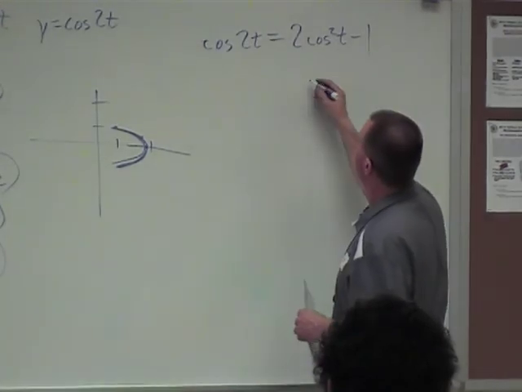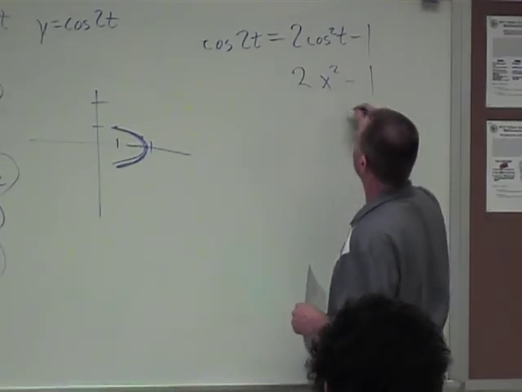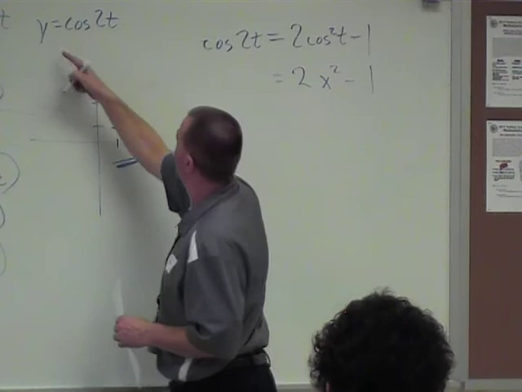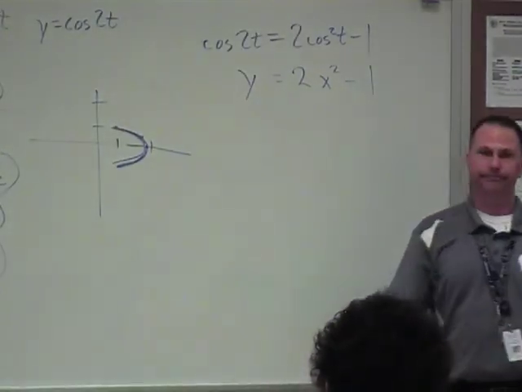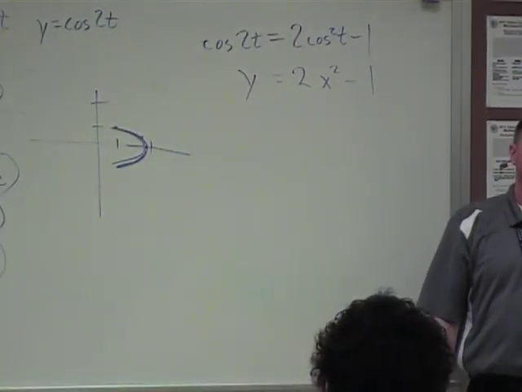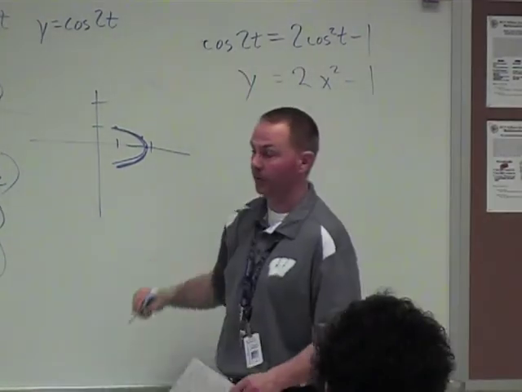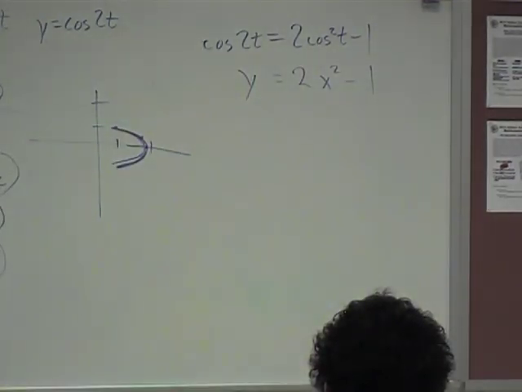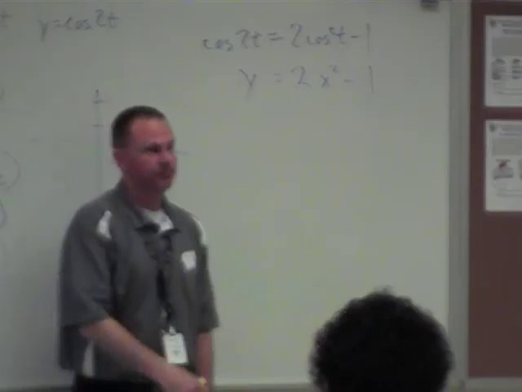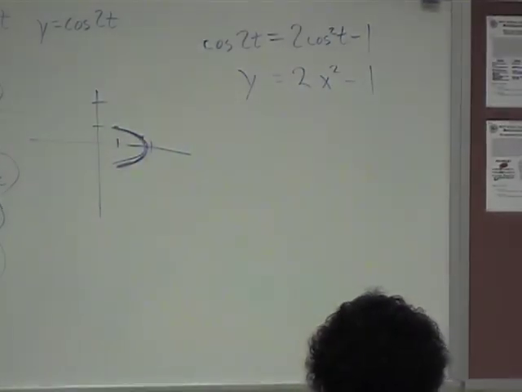X is the cosine of t. Cosine of 2t is what? See, every problem is just a little bit different. You just had to recognize you had a double angle formula there. Otherwise you couldn't do it.